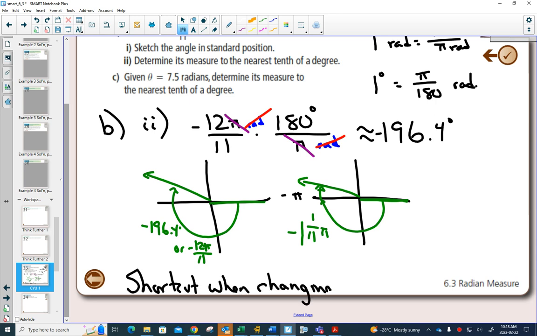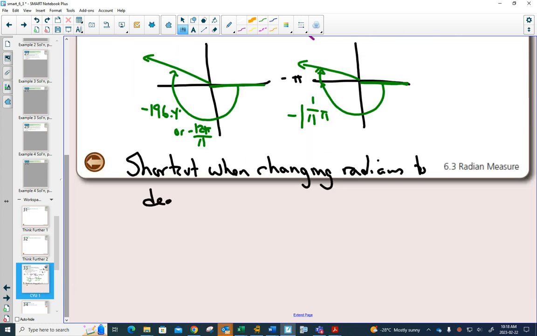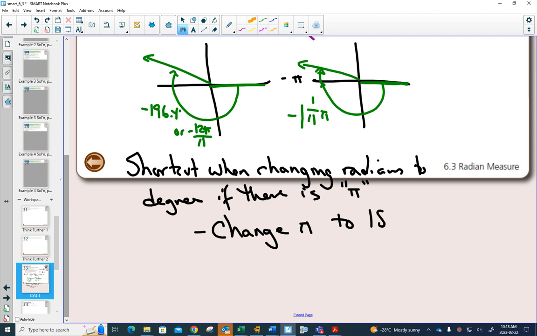There's a shortcut that often happens when changing radians to degrees.